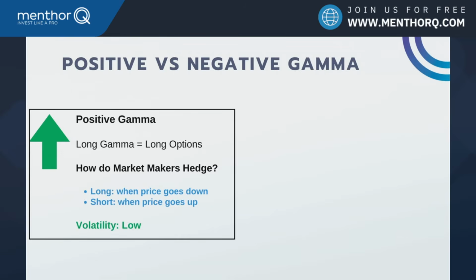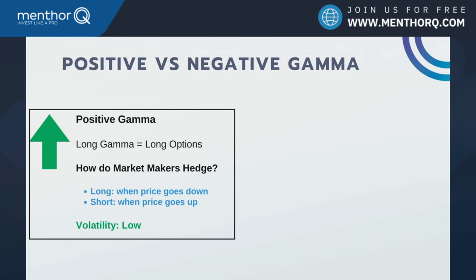This activity helps keep their delta neutral, and this hedging flow helps keep volatility low. So in a positive gamma environment, we typically see lower volatility. The price tends to move in a range, as a result of the way market makers need to hedge in a positive gamma environment.